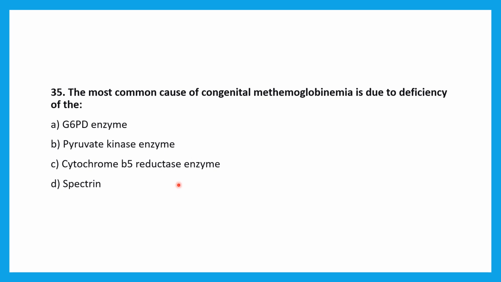The body has a system that reduces methemoglobin back to hemoglobin, and the most important enzyme in that system is cytochrome B5 reductase. So a deficiency of this enzyme leads to congenital methemoglobinemia.